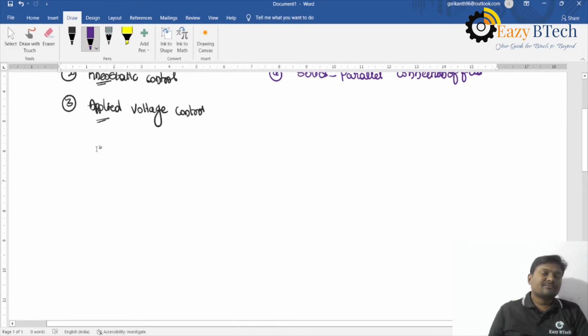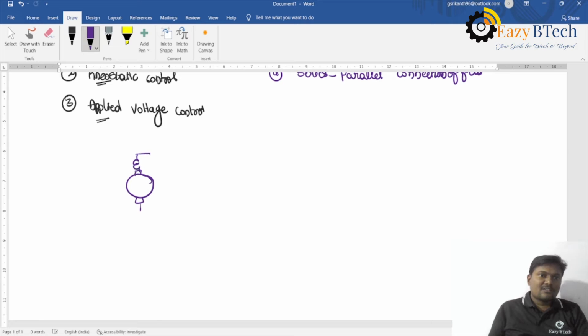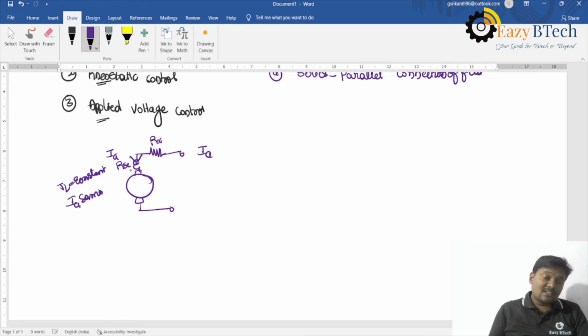Generally, if I am connecting an external resistance in series with the field winding for a particular value of load, the load current is the same, that means the load torque is constant. The current flowing through IA is constant. IA we can't change by adding an external resistance in series with the series field winding, because the load torque is constant.